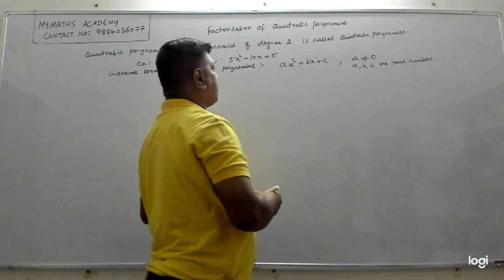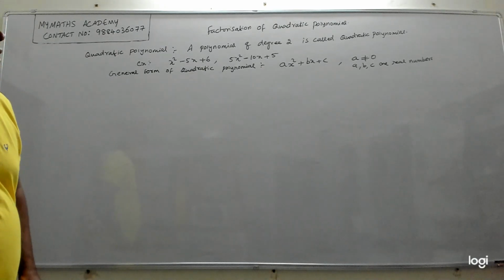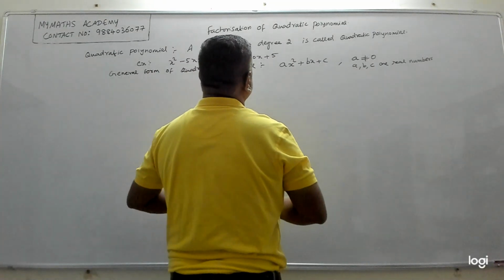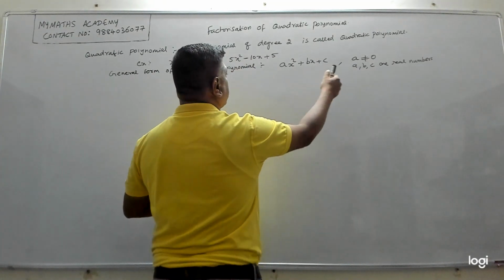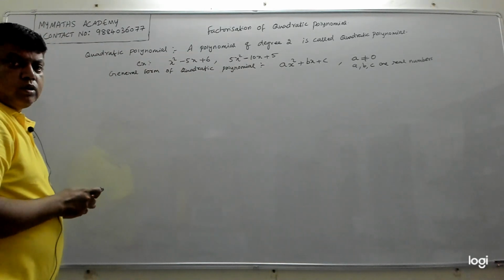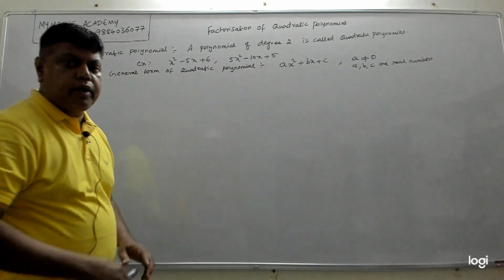So this is the definition of a quadratic polynomial. The general form is ax square plus bx plus c, where a should not be equal to 0. The coefficient of x square should not be equal to 0. Only then the degree will become 2 and it is called a quadratic polynomial.